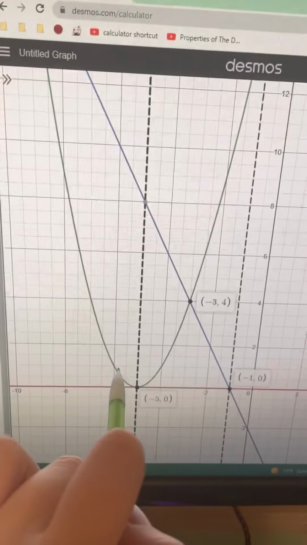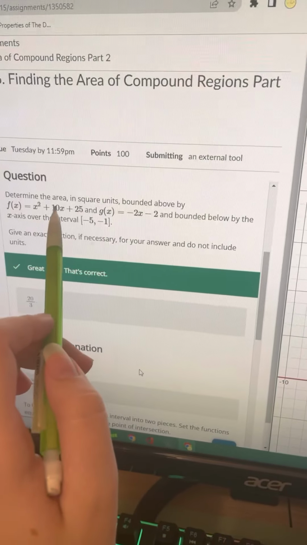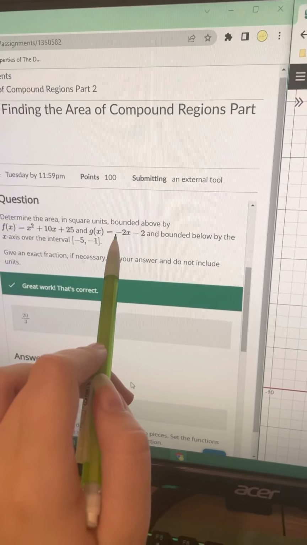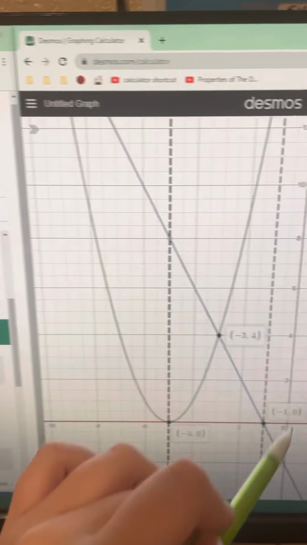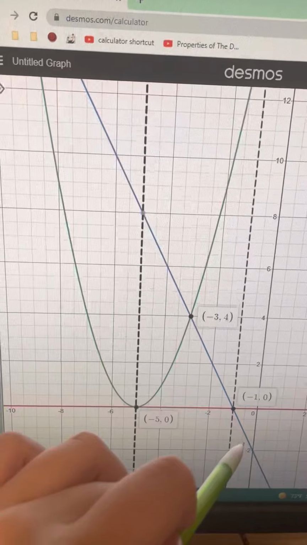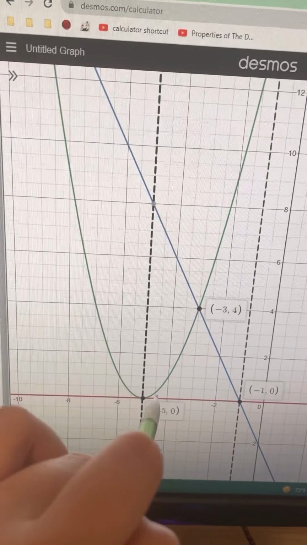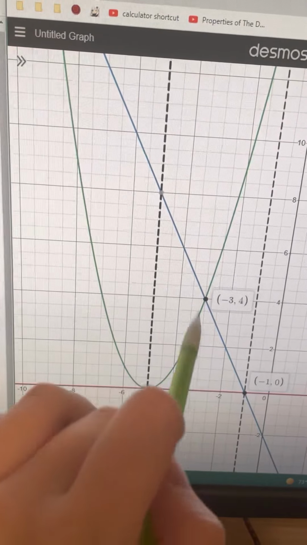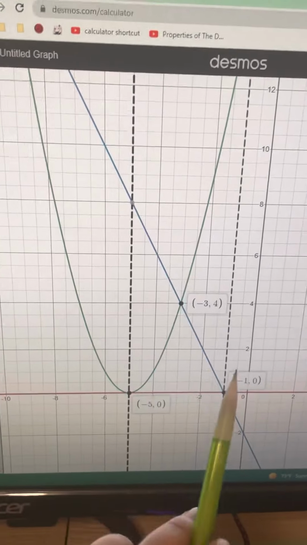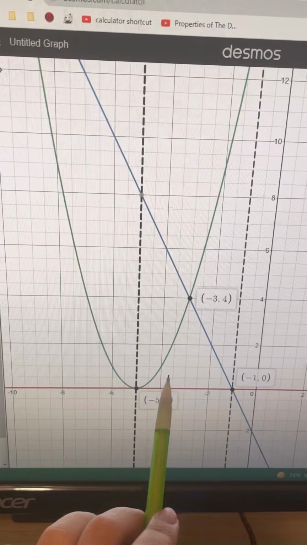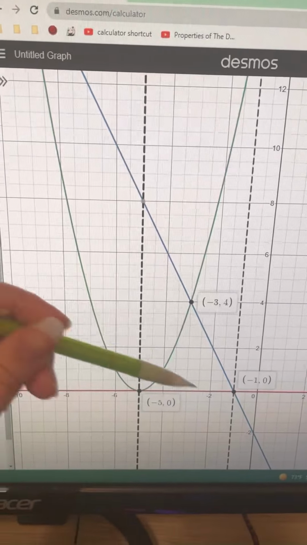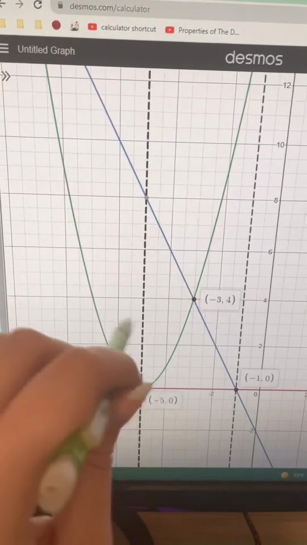So here is your f(x) function, which is x squared plus 10x plus 25, and then your g function, negative 2x minus 2, is this blue one here, and you're asked to find the area between, which is basically finding the area of two triangles that are above the x-axis and below the f and g functions.